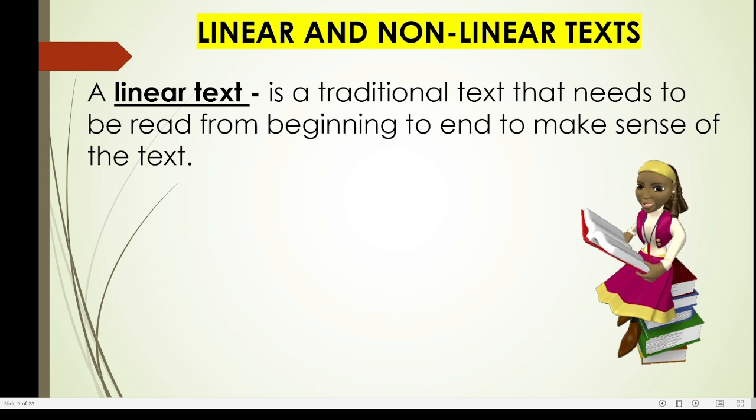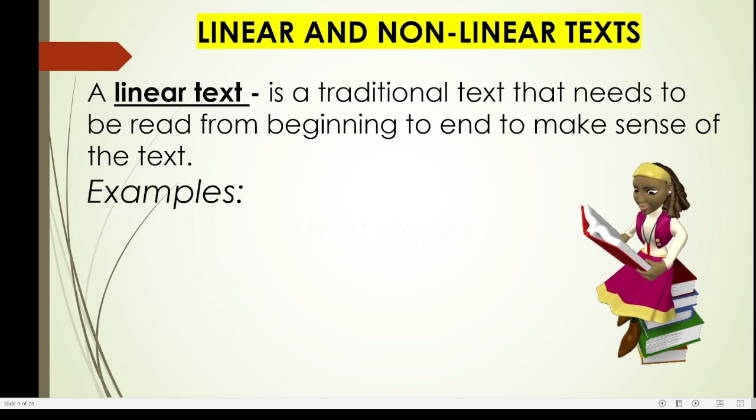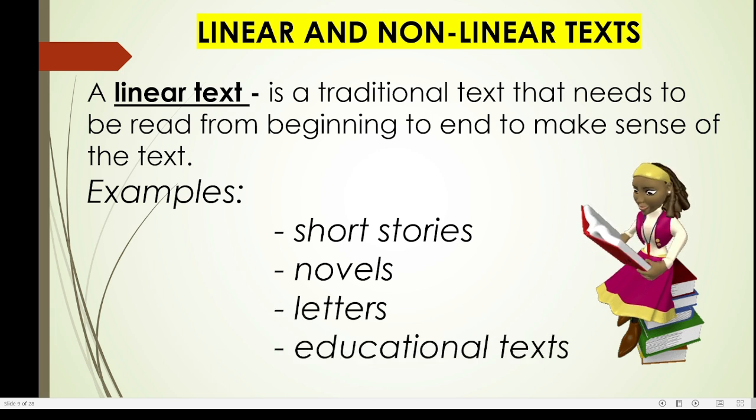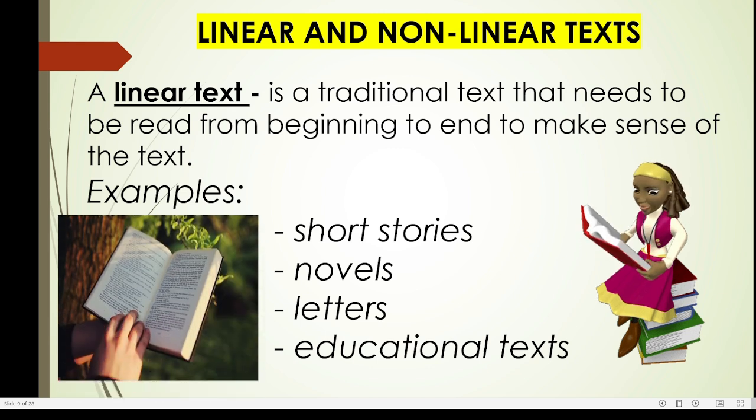The examples of linear texts are short stories, novels, letters, and educational texts, meaning to say, in linear texts, the content is displayed in a straight line of paragraphs and pages from beginning to end. And sometimes, this type of reading may appear a bit boring to some readers.